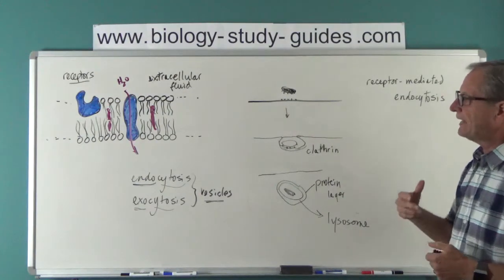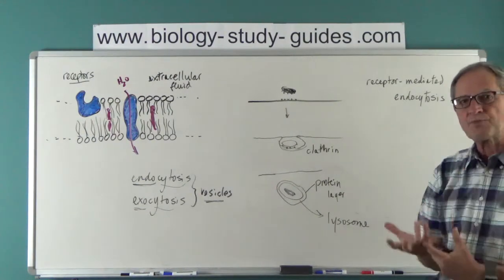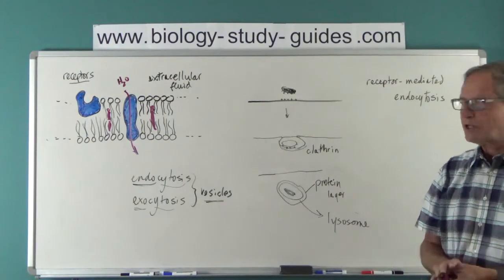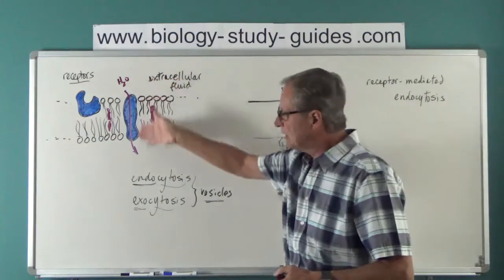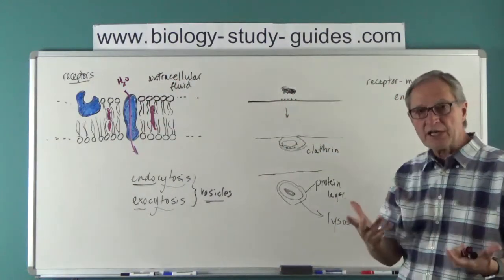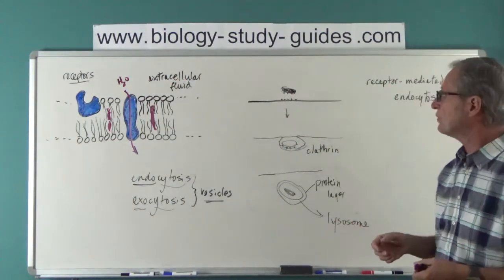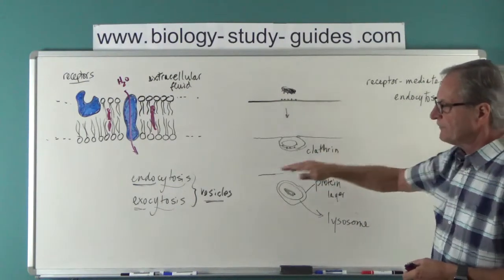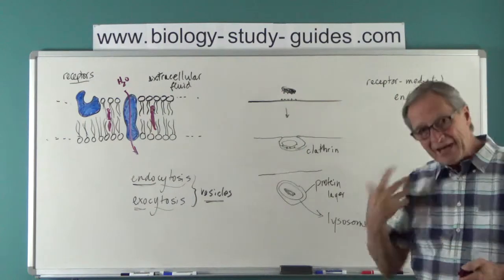We have looked at the ways things cross membranes, from whether it's as simple as water molecules and ions sneaking through proteins, or facilitated transport, active transport, and now we've looked at actually 3 different versions of endocytosis.